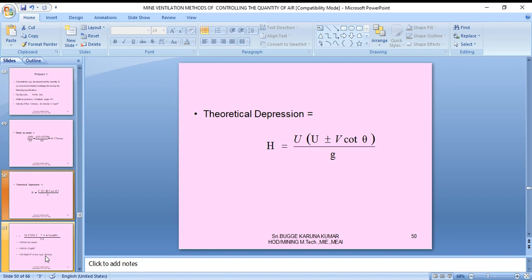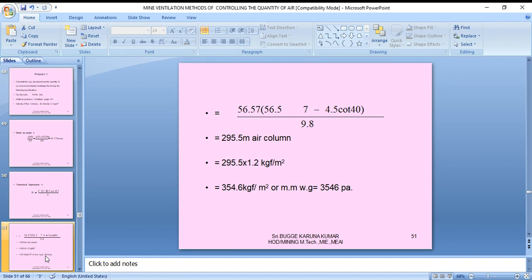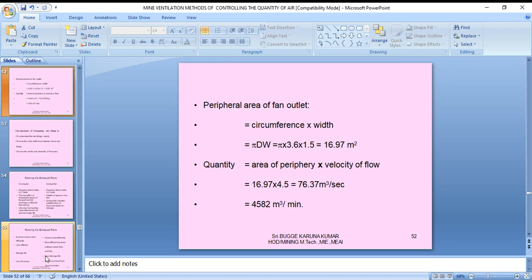Then the formula, H is equal to U into U plus or minus V cot alpha by g. I applied the minus V for the purpose of a backward bladed fan. With this formula you can solve this type of problem, which can come in the coming examination also. Please practice one or two models also.